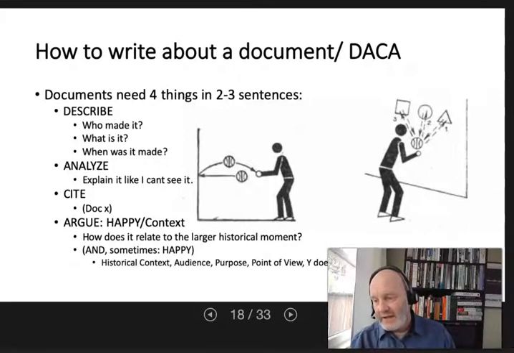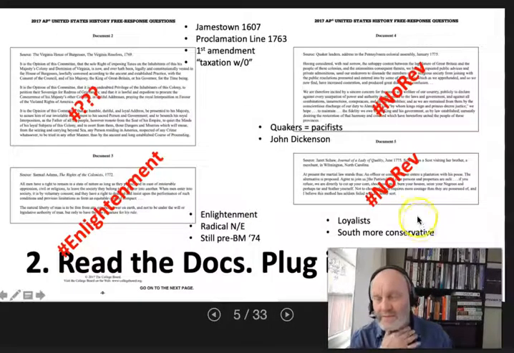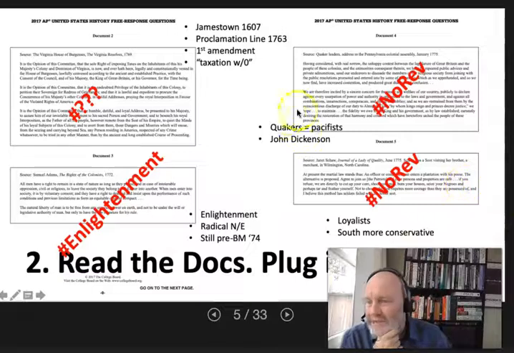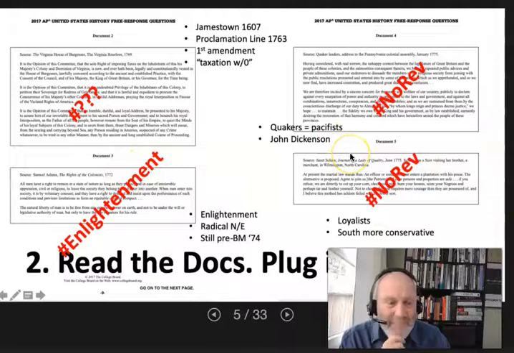When you see a document like one of these, don't say, "in document 5." Come on, please.